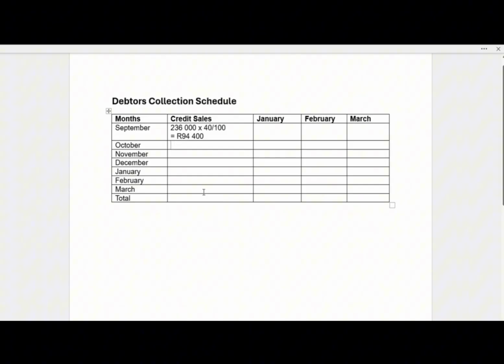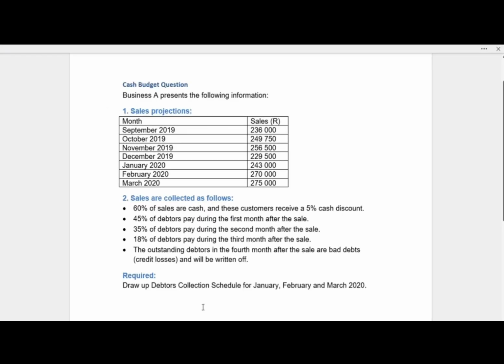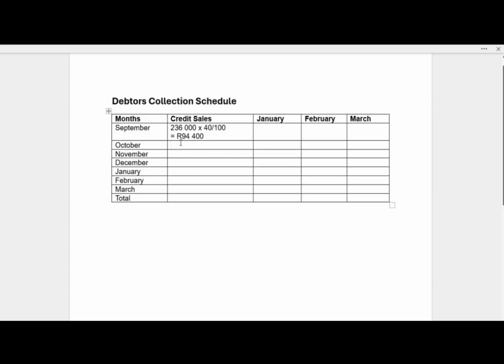I go for October. For October, let's see how much sales we have. Total sales for October is 249,750.